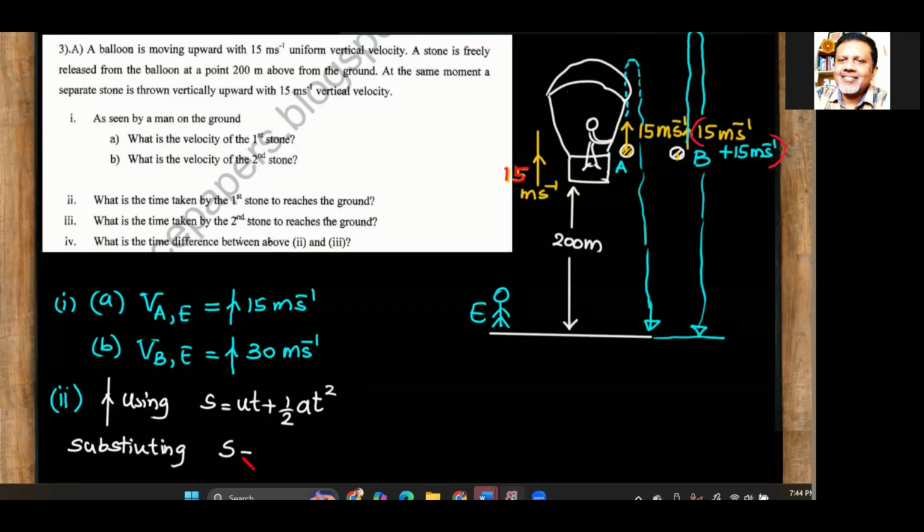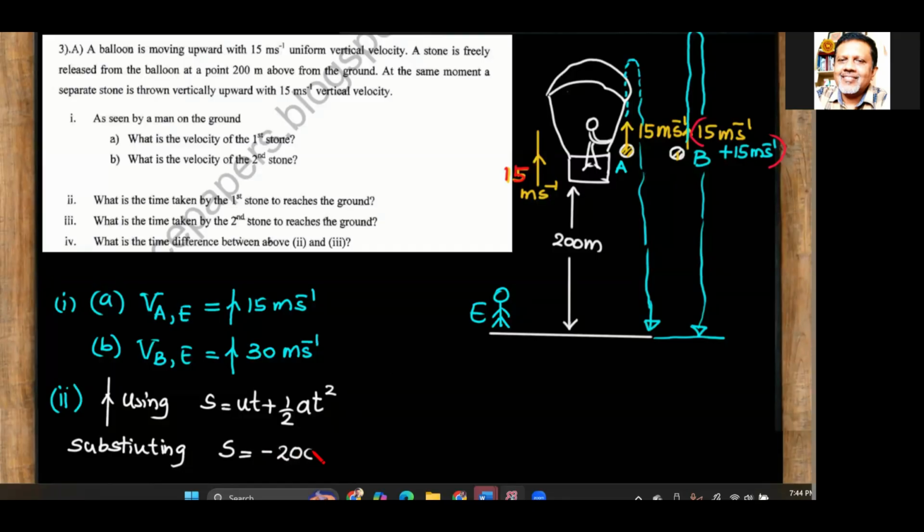Now this is the starting point and this is the end point. And if you use S equals ut plus half at squared upwards, the total displacement for the stone A is minus 200 meters, right?